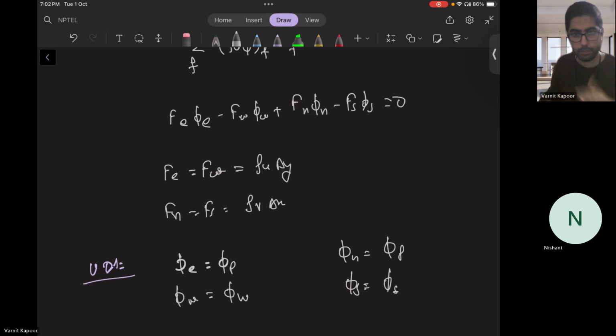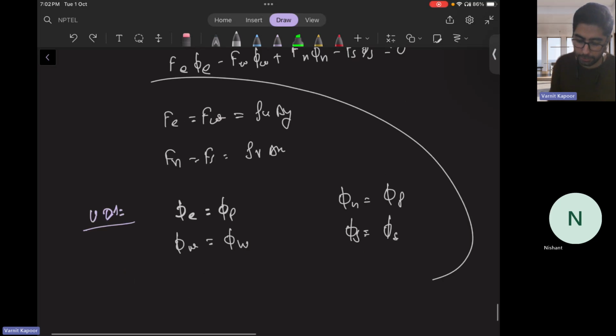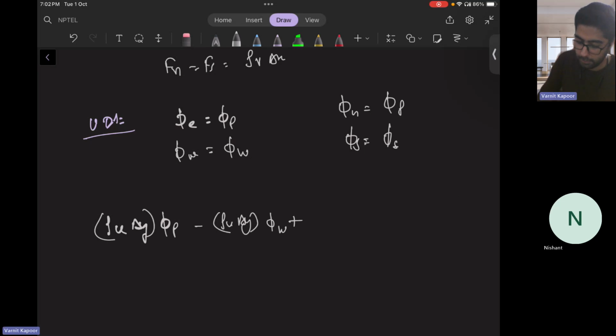Okay. We have seen how the tail part of that is taken. Put all these values now in this equation. Your equation will come out to be rho u del y phi P minus rho u del y phi W plus rho v del x phi P minus rho v del x phi S equal to 0.